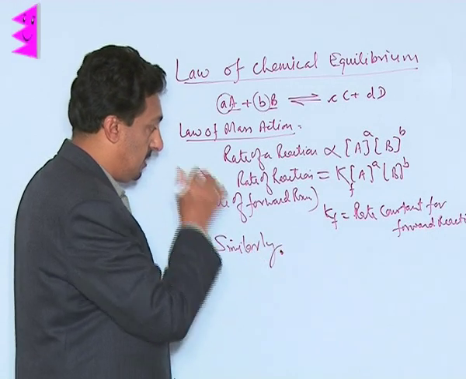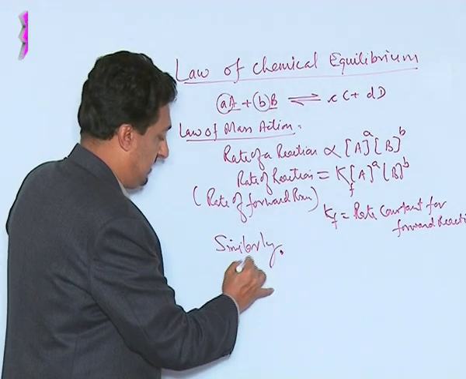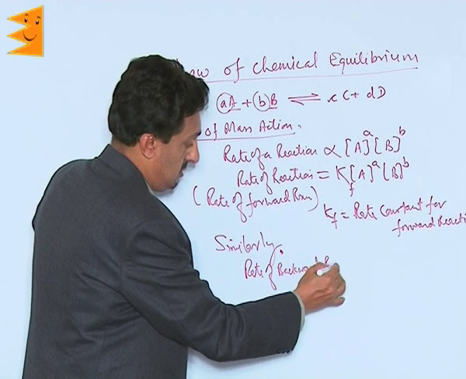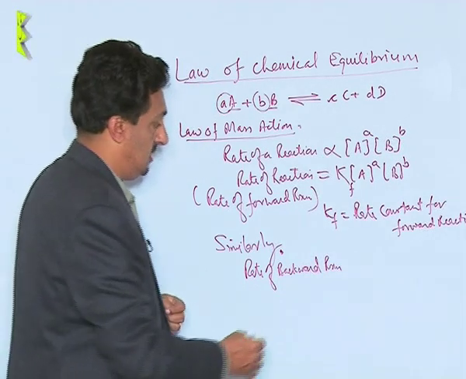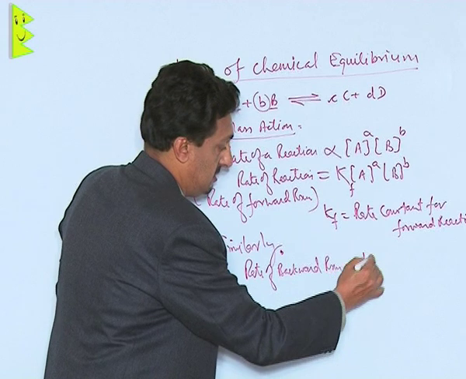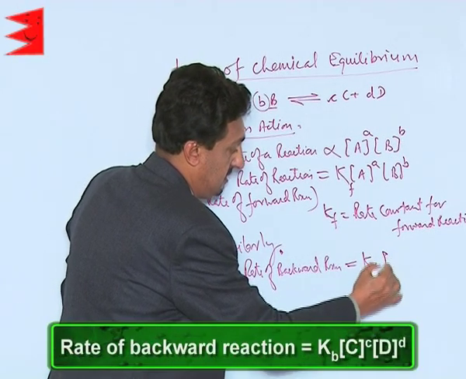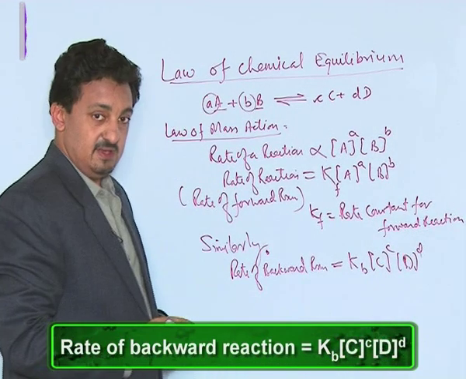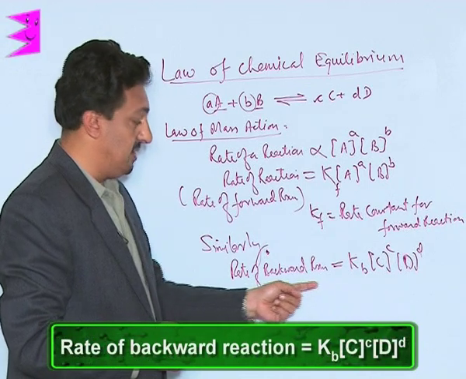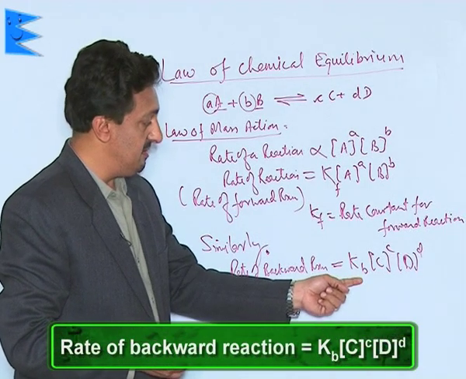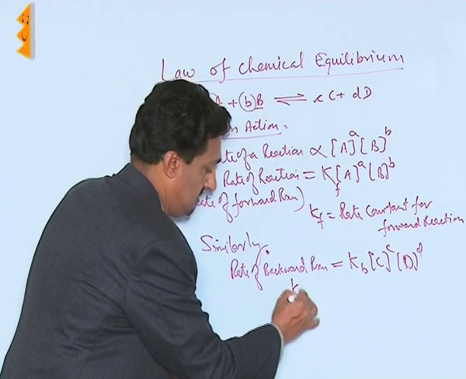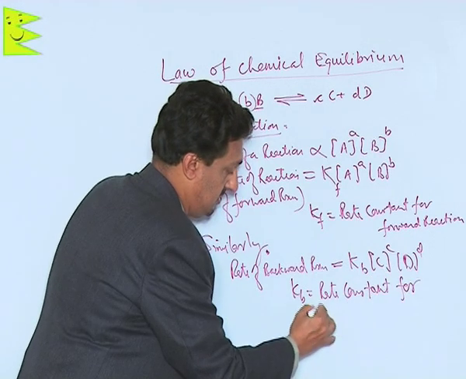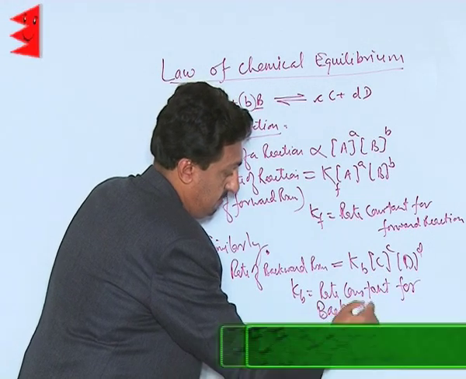So, what we can write is this: rate of backward reaction is equal to Kb [C]^c [D]^d. Kb is the rate constant for backward reaction.